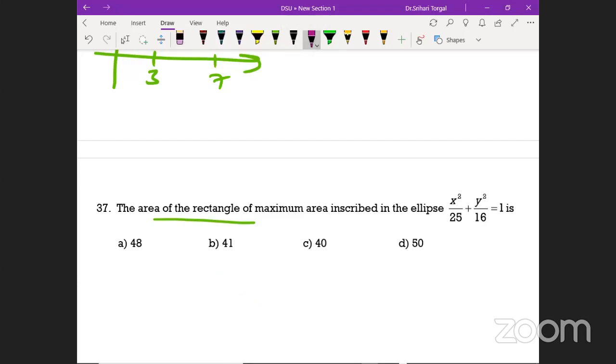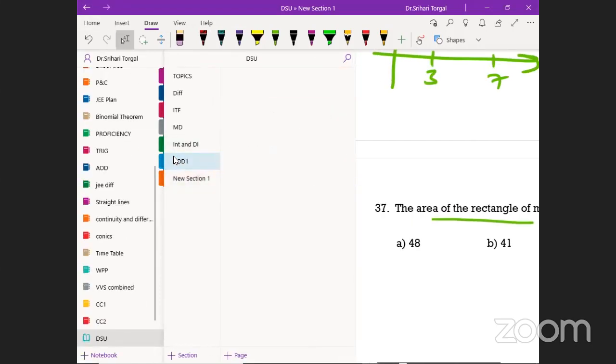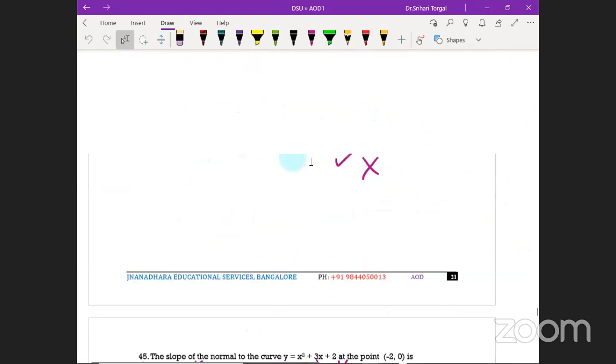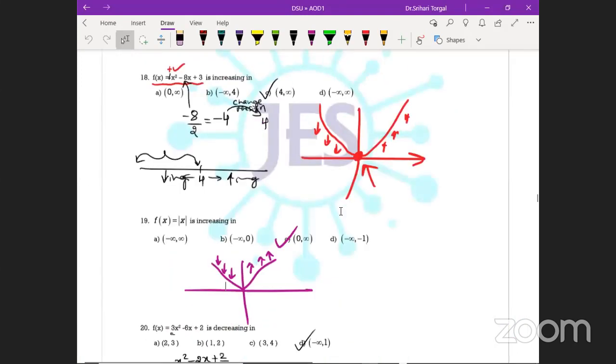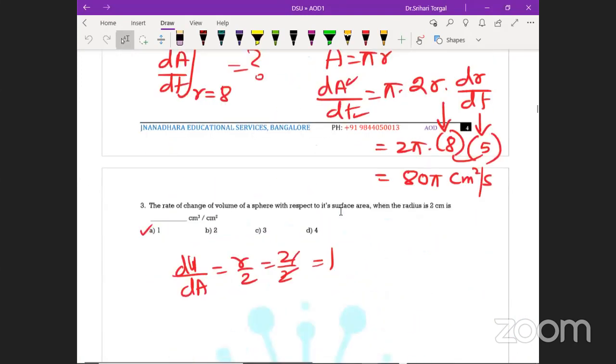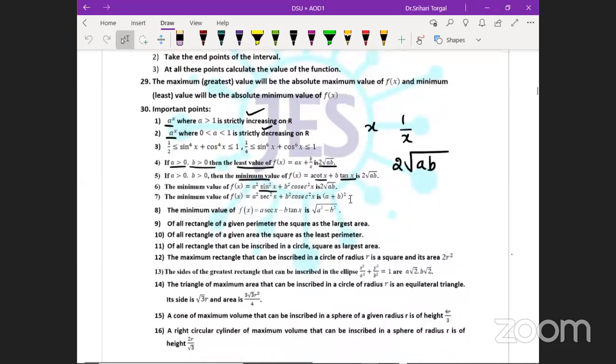See here, this is the area of a rectangle, the area of an ellipse, right? I have given this in our previous result. I'll show you all these important results I have given here.